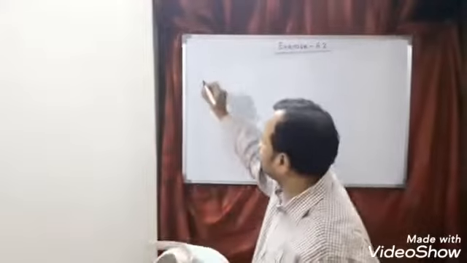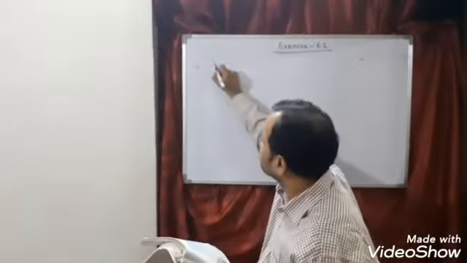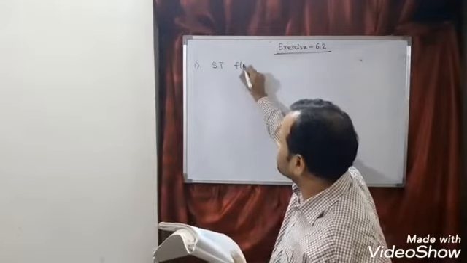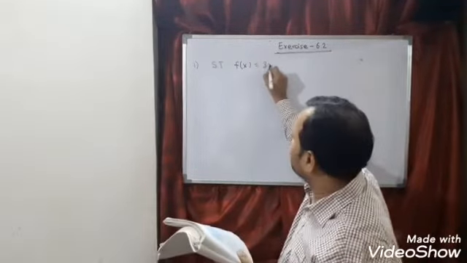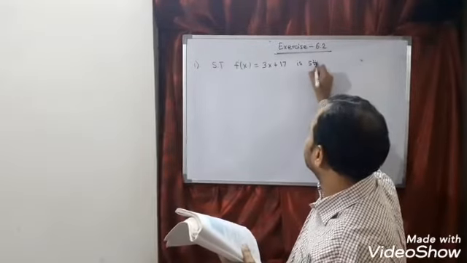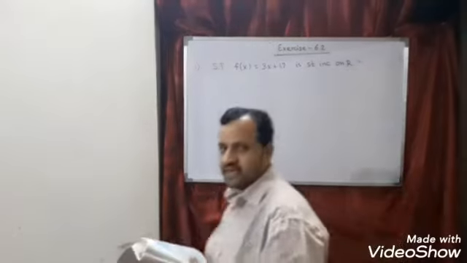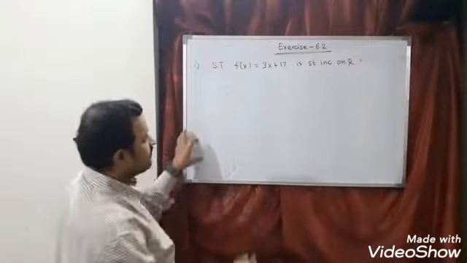Let us start with a simple question. Question number 1: show that f of x is equal to 3x plus 17 is strictly increasing on R. We have to show that this function is strictly increasing on R.